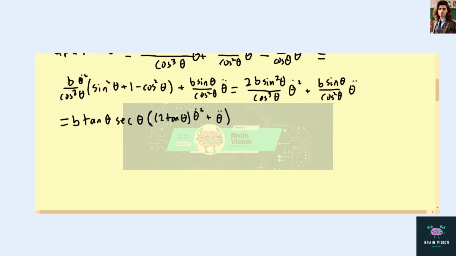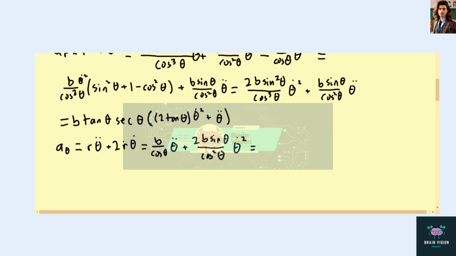All right, now we're calculating our a sub theta. And so a sub theta is equal to r theta double dot plus 2r dot theta dot. And so that is going to be a b over cosine theta theta double dot plus 2b sine theta over cosine squared theta, theta dot squared.